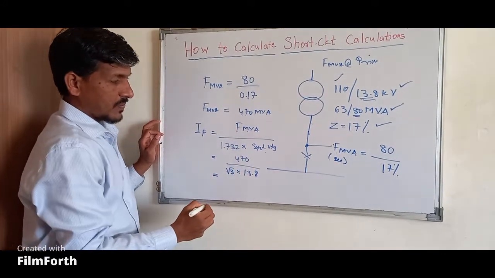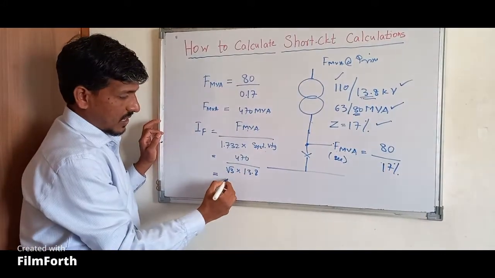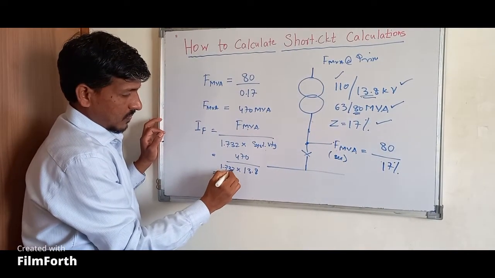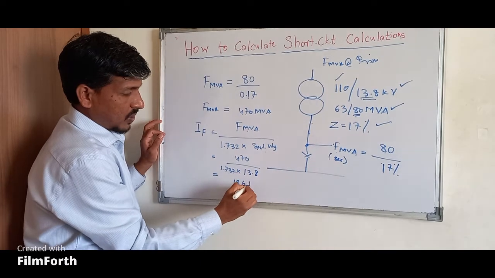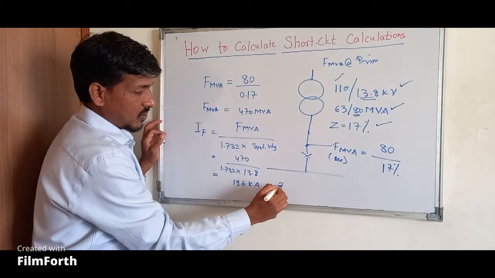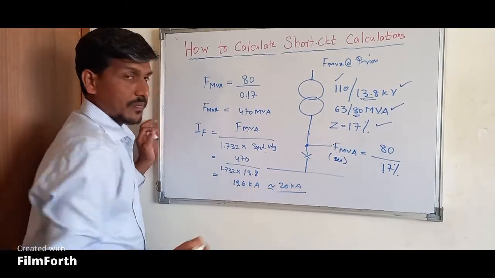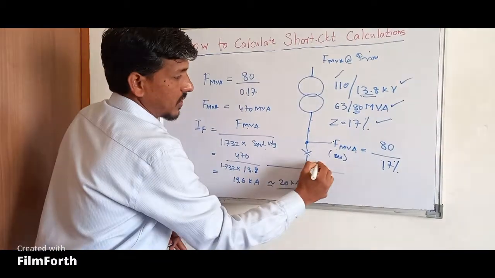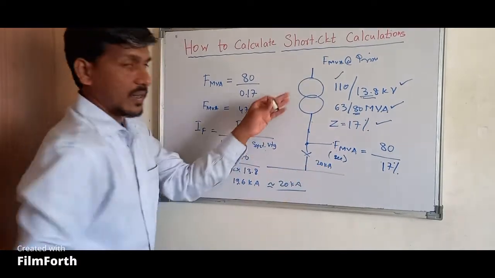If you calculate, this will give around 19.6 kA, which is equivalent to 20 kA. This is your fault current at the secondary side.